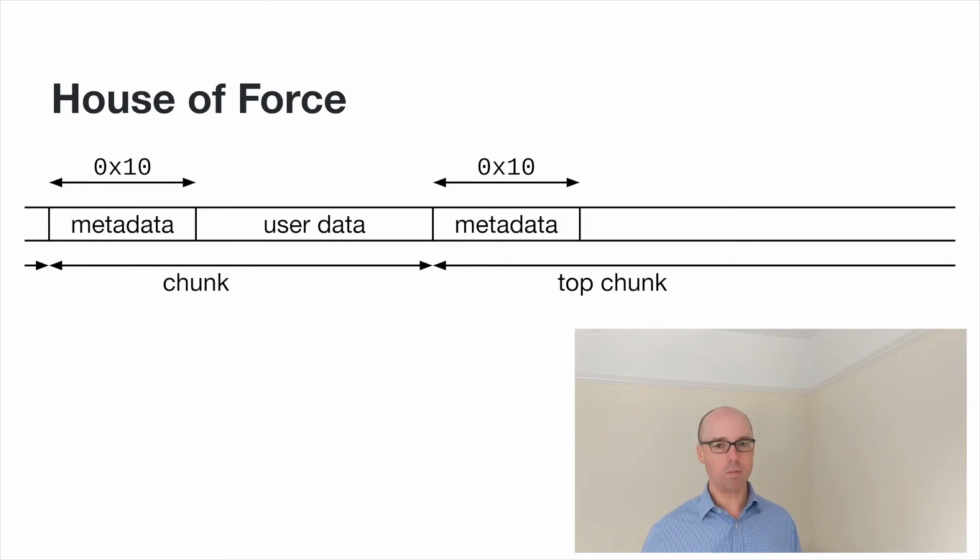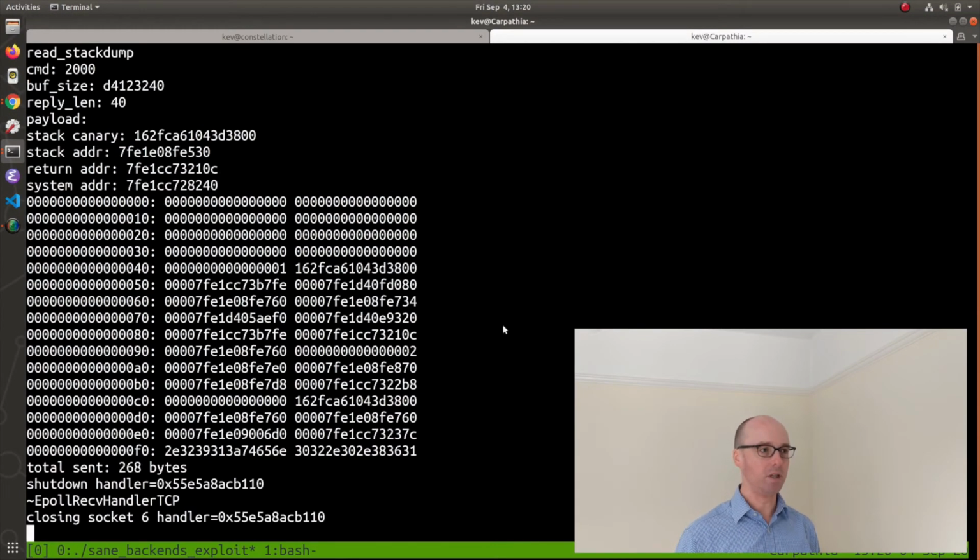And if you ask for more memory than is available in the top chunk, then it will either try to ask the operating system whether it can make the top chunk bigger, or failing that, it will use an mmap to get some more memory from the operating system. But by overwriting the metadata, we make the allocator think that the top chunk is incredibly big, and so it will never ask the operating system for more memory. So let me show you the demo from the How to Heap repository of that.